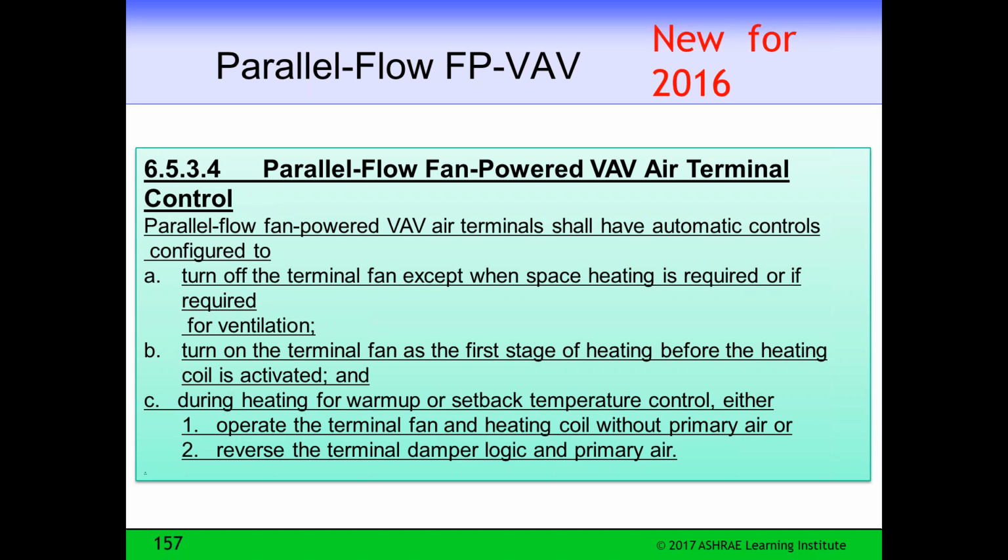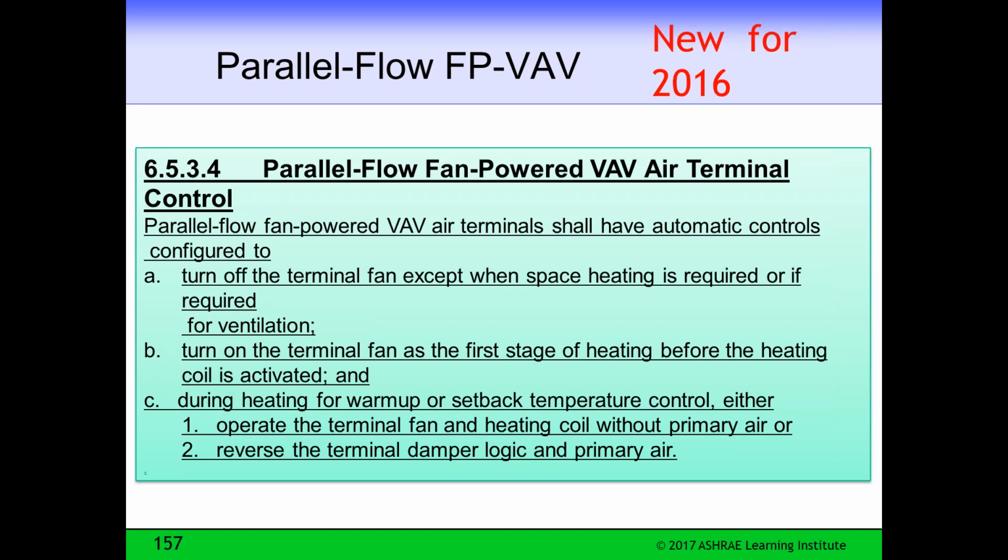During heating for warm-up or setback temperature control, what that means is in the morning, you come into the building and maybe you're better off not turning on your main supply, especially if you don't have any heat in that unit. If you're just going to supply 55-degree air down the duct, then maybe you're better off turning on the fan and the heating coil in the VAV boxes and just using those to heat the space, not turning on your main system yet.